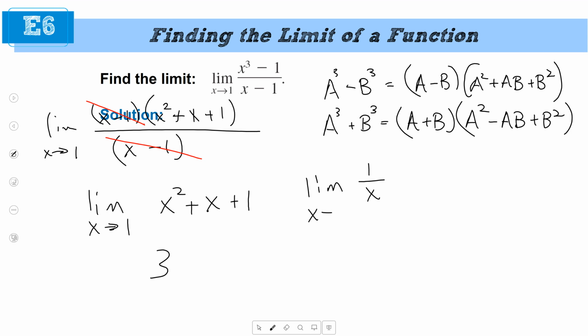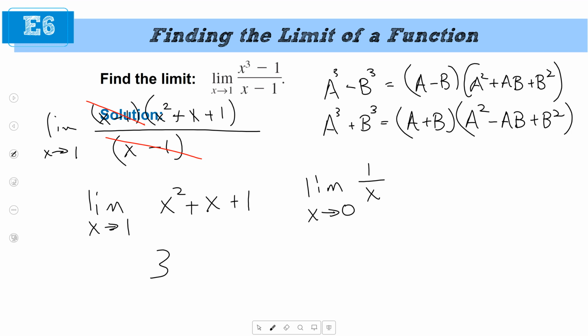Let's go back to this function. We did this already. We said that that is undefined, right? The left-hand limit didn't match the right-hand limit. Some of the problems we're going to deal with, however, take a different approach.